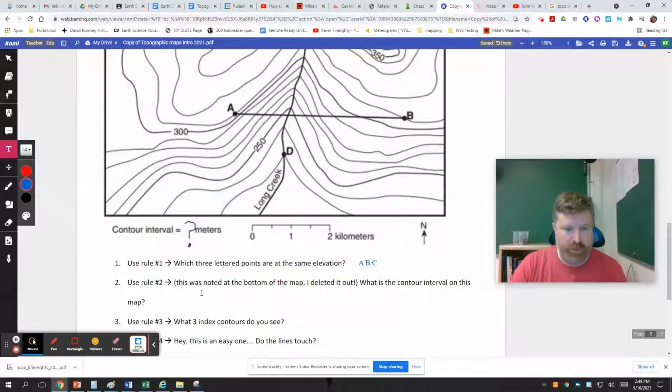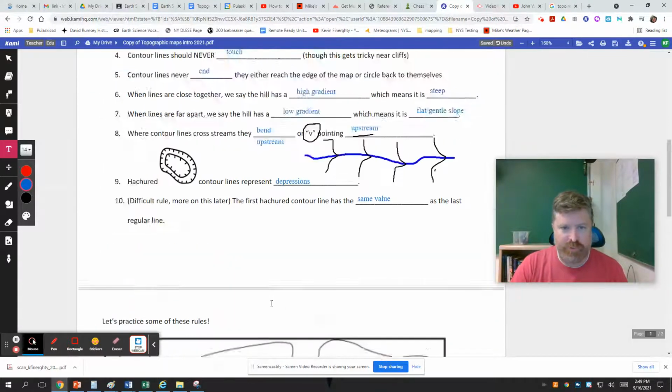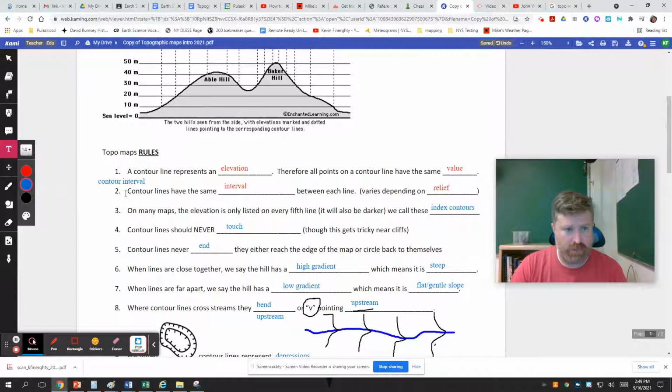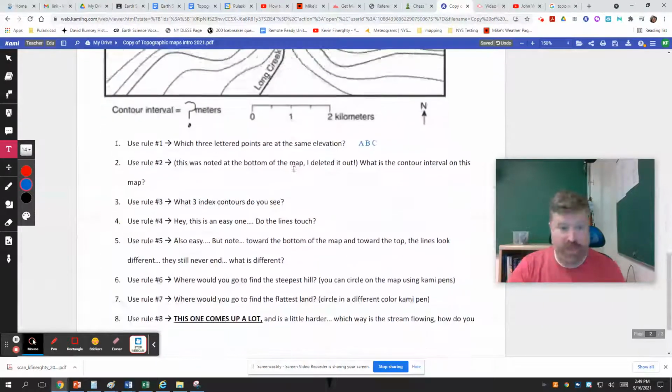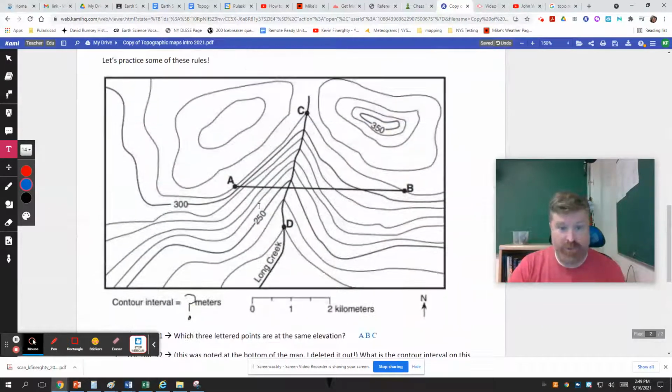Cool. Using rule number two, what is the contour interval of this map, which I kind of already hinted at. Rule two is about contour intervals, that the change in elevation in between each line should be the same. So the way to figure that out, it's kind of like when you have one of those graduated cylinders. Look at the value that's printed and the other value that's printed, count the lines in between and try to figure it out. A lot of ways to do it.